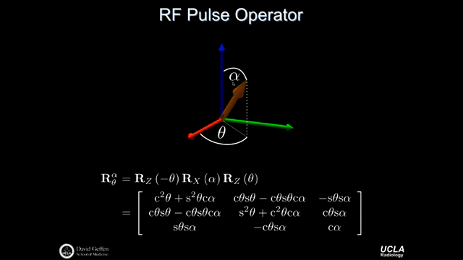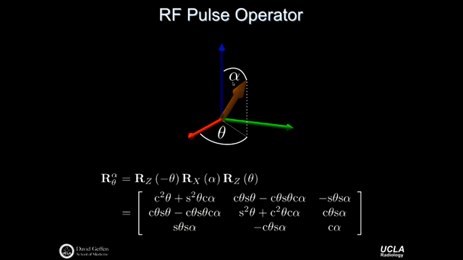If I was looking down the x-axis and tipping down the x-axis, I can't see that in this. I can't measure alpha in that plane. But if I'm looking down the y-axis, then I can see it moving away from z, and I can measure alpha directly. The change of basis is just the question of whether I'm looking at my magnetization this way or this way.